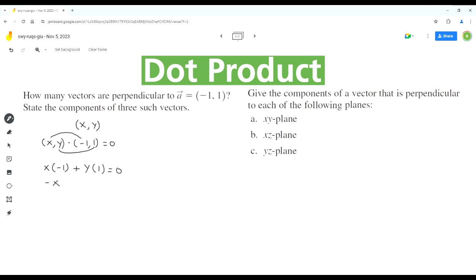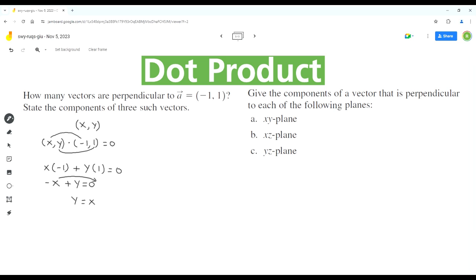So x times -1 is minus x. So we can move the x to the right side of this equation, and that will make it equal to positive x. So we get y equals x.